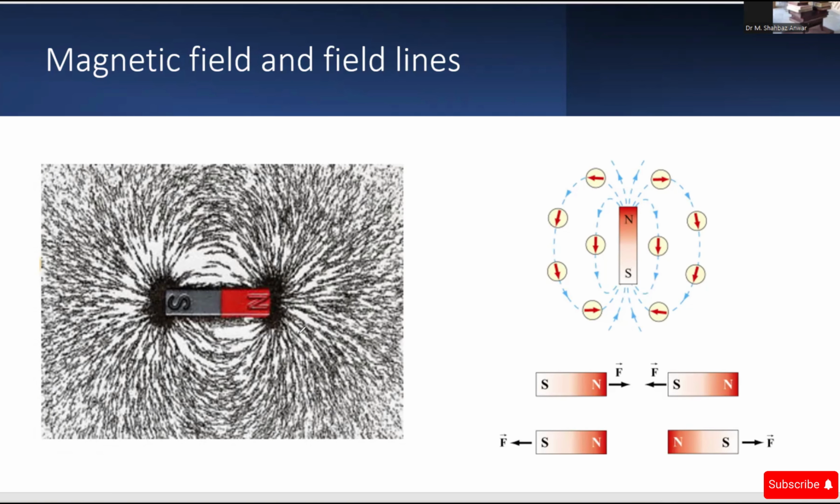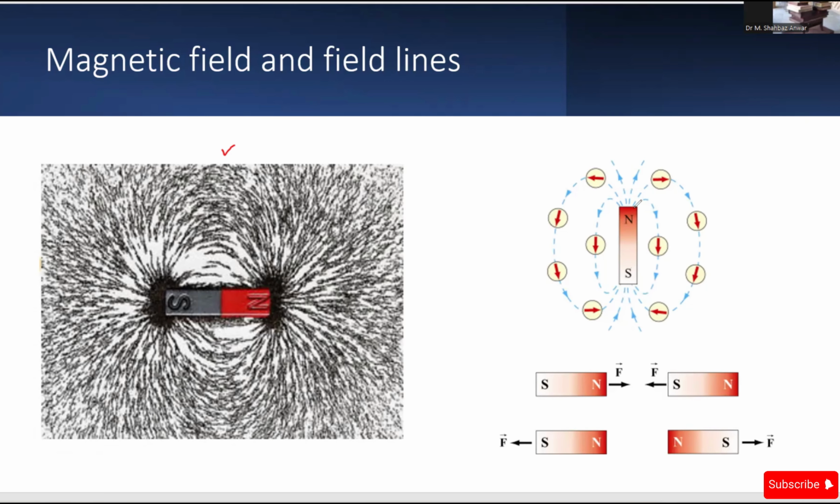And then he observed this kind of a picture that shows the alignment of the iron particles around the bar magnet. With this picture, we developed an understanding that a magnetic field can be represented with magnetic field lines.